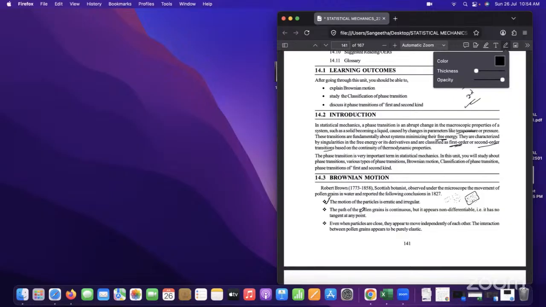Second, the path of the pollen grain is continuous. If you take any one particular pollen grain, its path has no tangent at any point. Third, even though the particles look very close, they are moving and are not linked with one another.